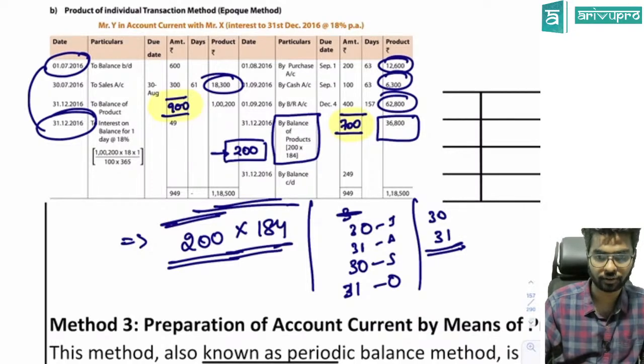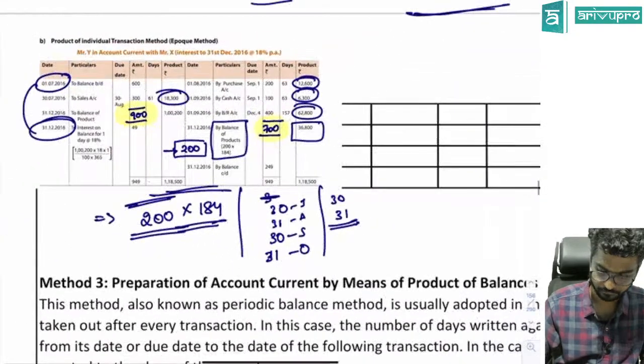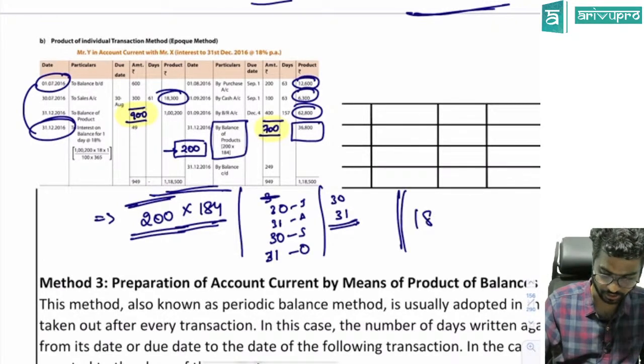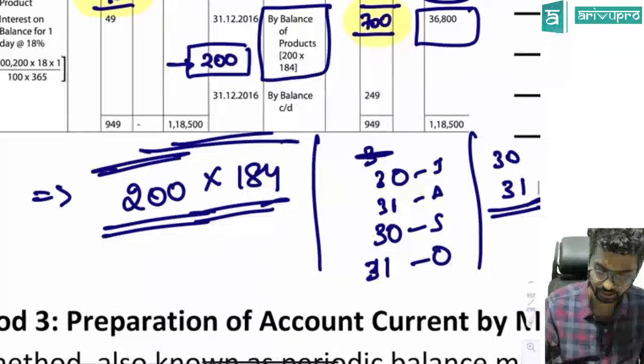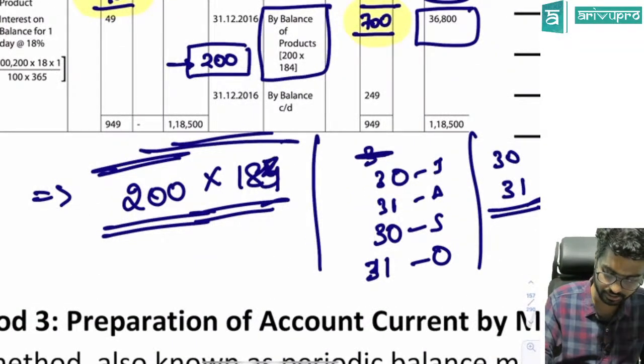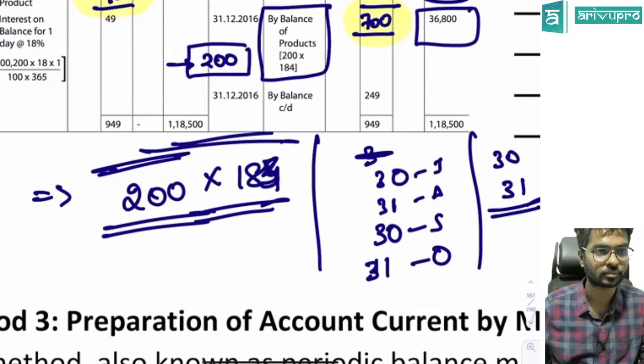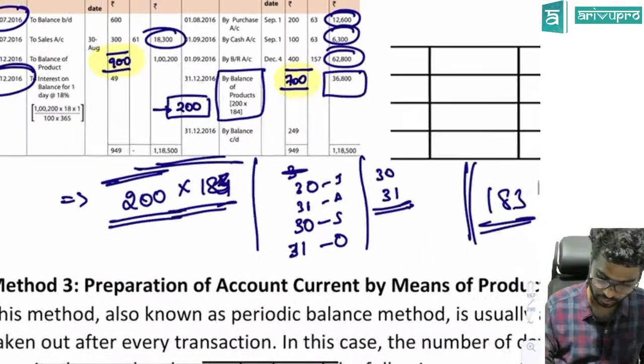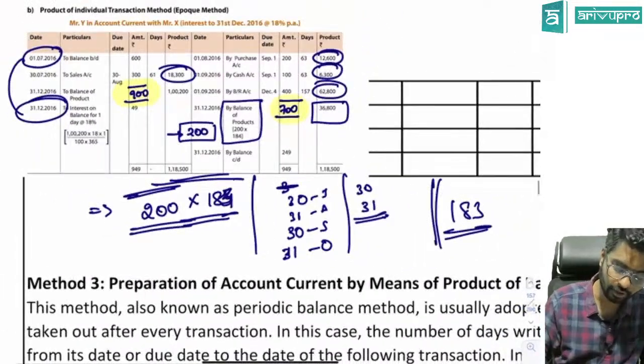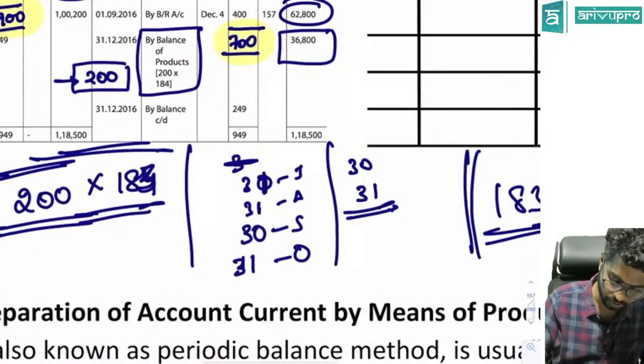Correct. So guys, sorry, it's 183 days. I think they have taken it wrong in your calculation. It is 183 days. Okay. So July 31, sorry, my mistake.